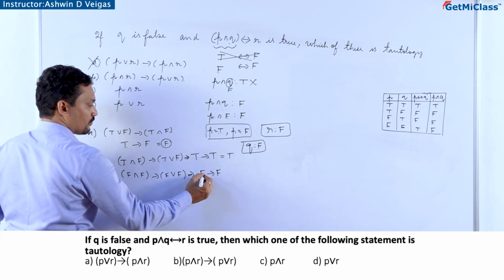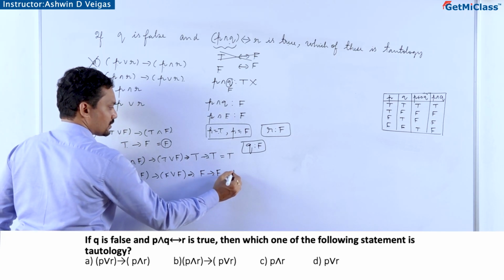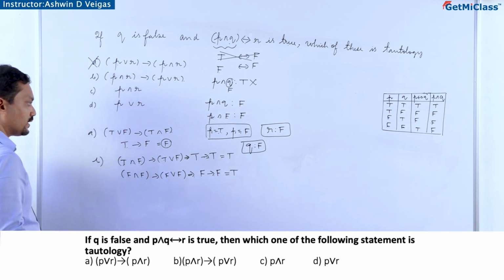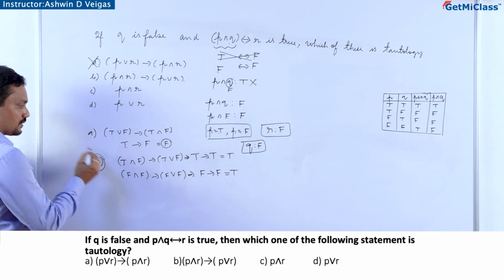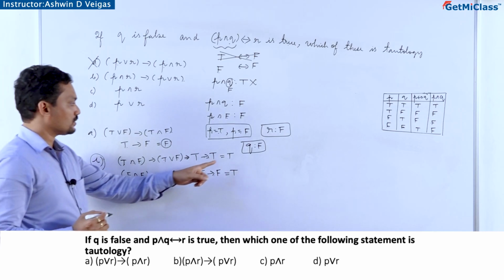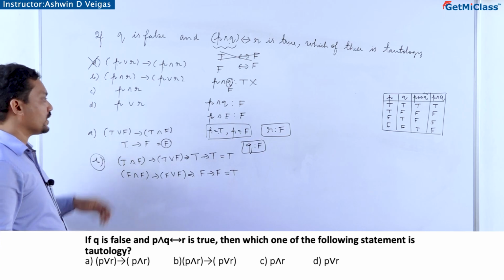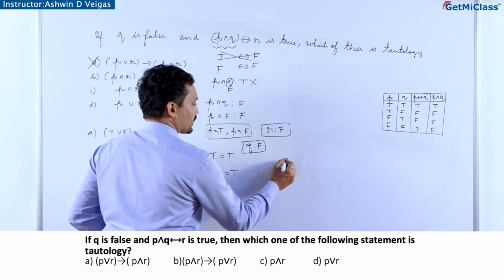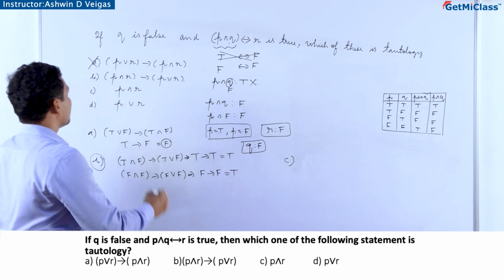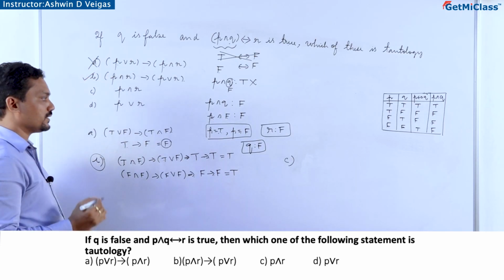So, you will get false then false, this is true. So, we can see that option B is the answer. For both the values we are going to get true as the answer. We can still go for option C just for practice. Therefore, no doubt option B is the answer.